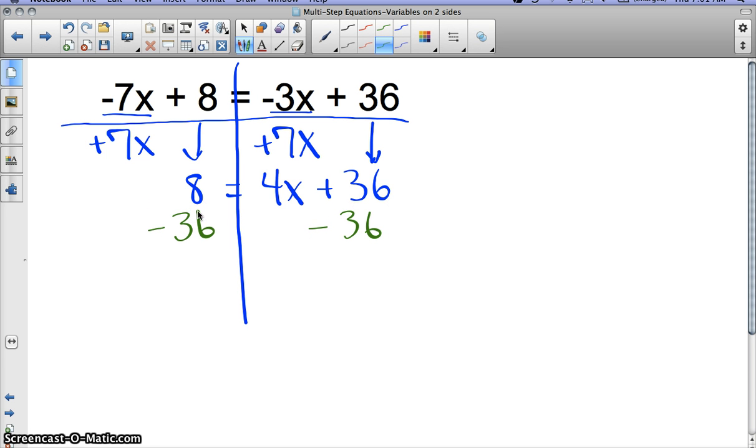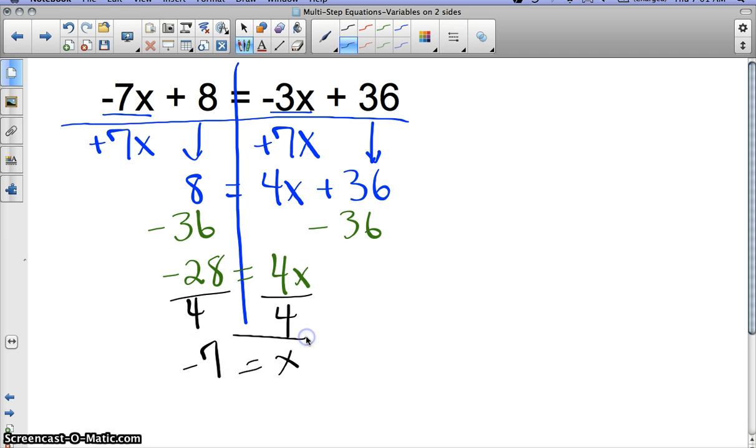Subtract 36 from both sides. So 4x is equal to 8 minus 36, which gives you what? Negative 28. Sounds good to me. And last but not least, divide by 4. x is equal to negative 7.